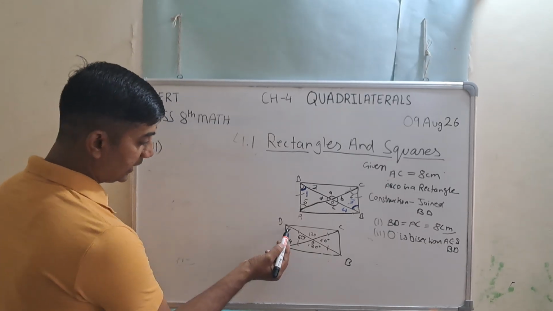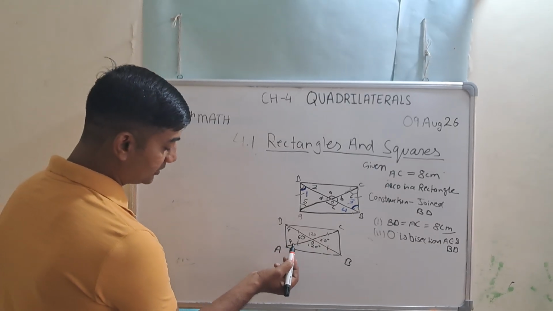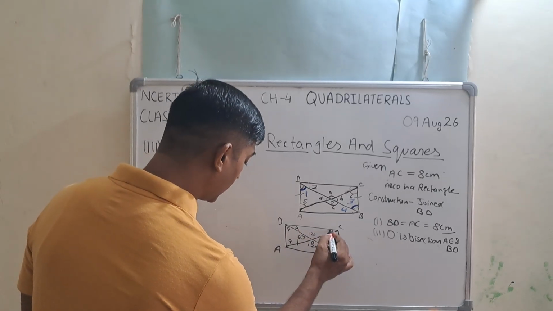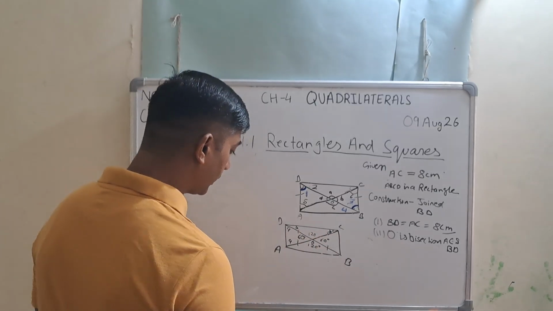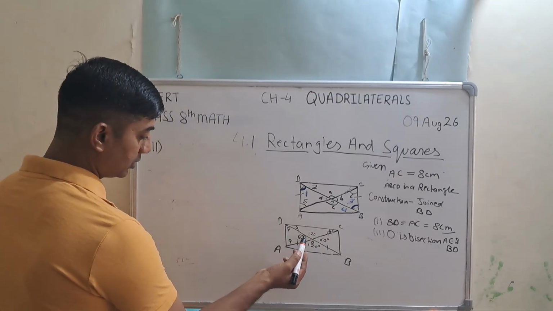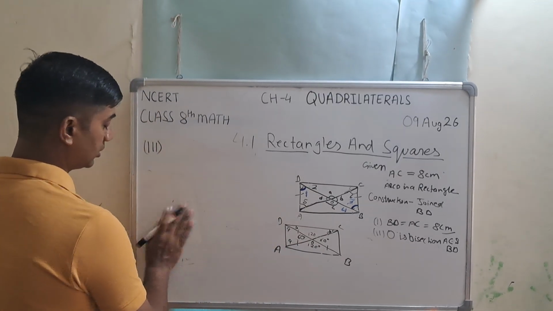So this is angle A and this is angle A, and this we can name as B. This is B. Now we will see in this triangle, what is this angle? The complete angle is 180.